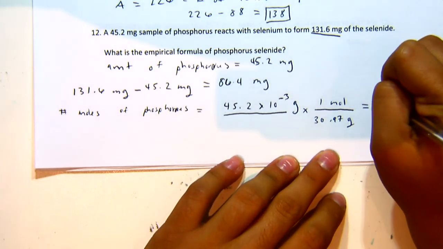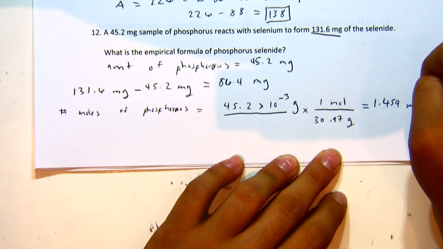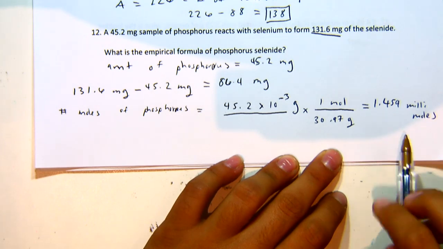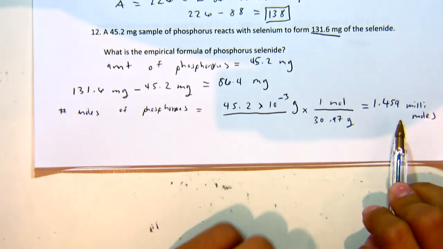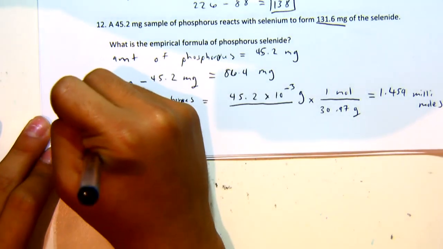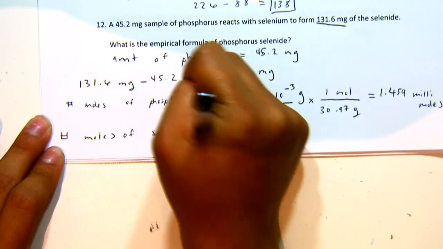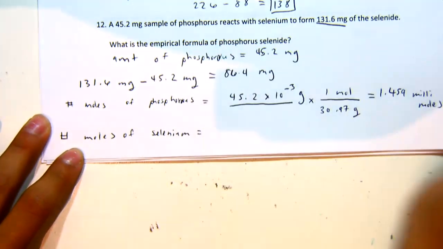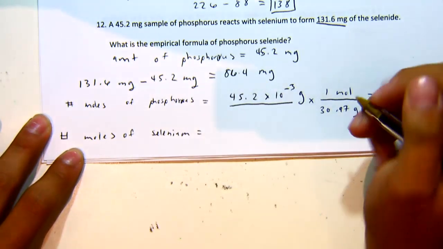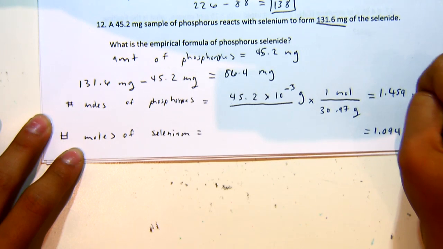So it'll be 1.459 millimoles. And the reason why we do this is because you want that small number. So when you do this same process for selenium, with the appropriate numbers, it ends up being 1.094 millimoles.